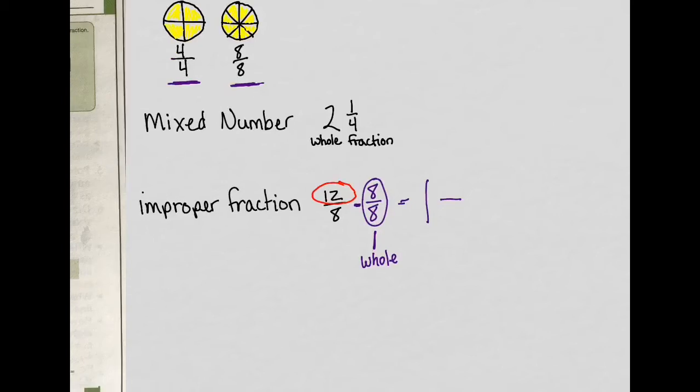So all we need to do now is 12 minus 8. This 12 minus 8 is 4, and the eighths will stay the same. So here is the renaming of the improper fraction. It becomes 1 4/8. Okay, now this is all very important to know for today's lesson.